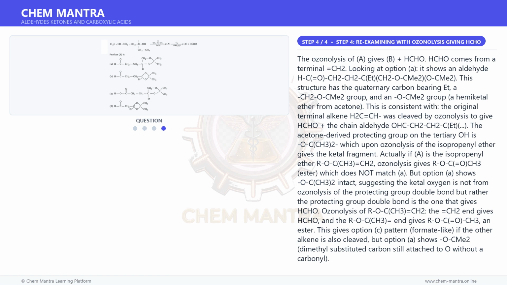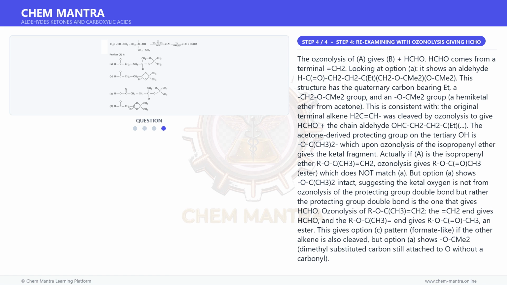So A must retain a double bond. Most likely interpretation: TsOH and acetone convert the tertiary OH to O, CMe2O, a hemiketal, unstable, or more practically the reaction of the tertiary alcohol with 2-methoxypropene, formed from acetone and TsOH, gives ROC(CH3)=CH2, the isopropenyl ether.